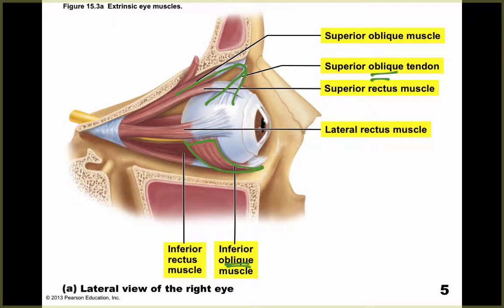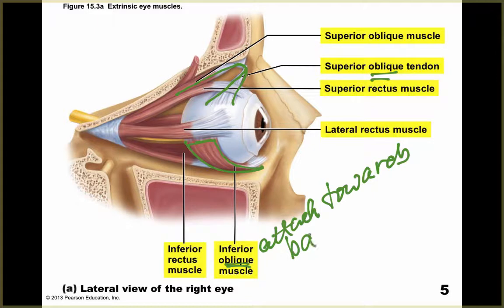Because it's attached towards the back, it's going to be different, because all the other ones have been attached in the front. So if you pull at the front, they're going to go in the direction that they're pulling. Because it's attached in the back, it's opposite. And I'm going to show you this in the lab just so that you can get a better idea. And I have a video that I'm going to show here.